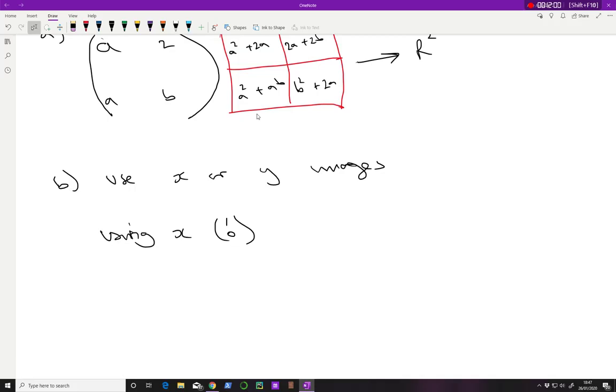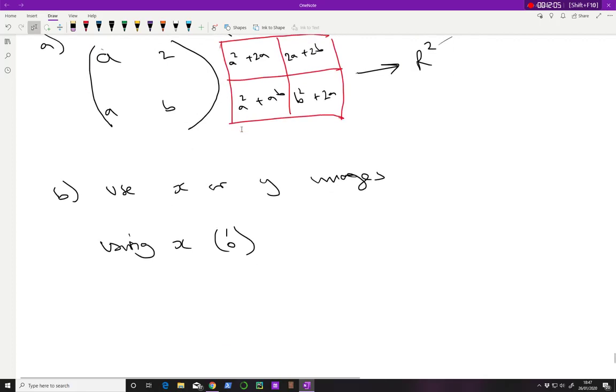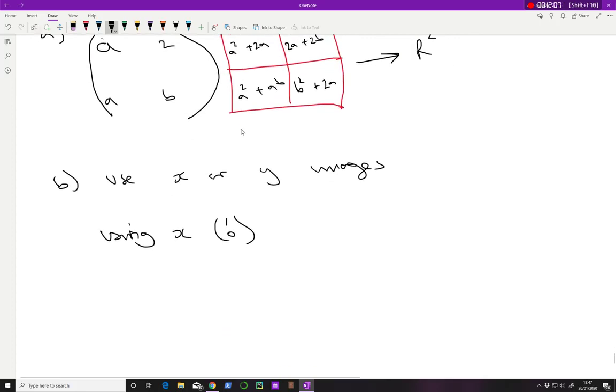That means this is going to be multiplied by 15. So already I can write that 1, 0 multiplied by the matrix a squared plus 2a, 2a plus 2b, b squared plus 2a, a squared plus ab.